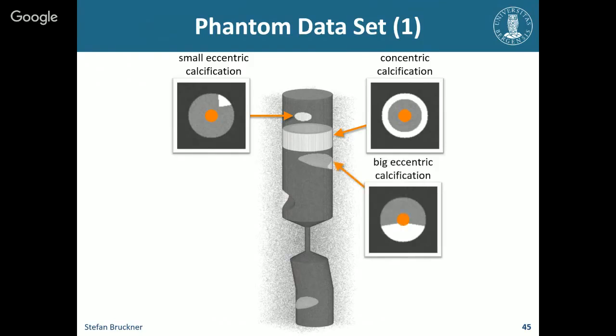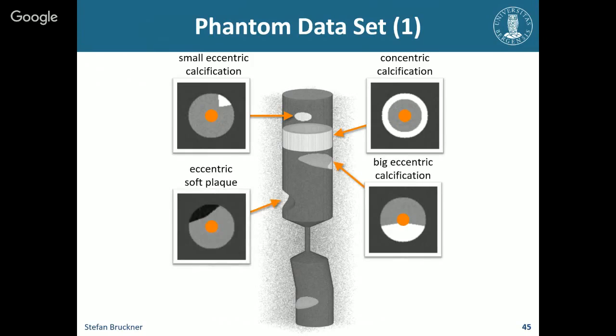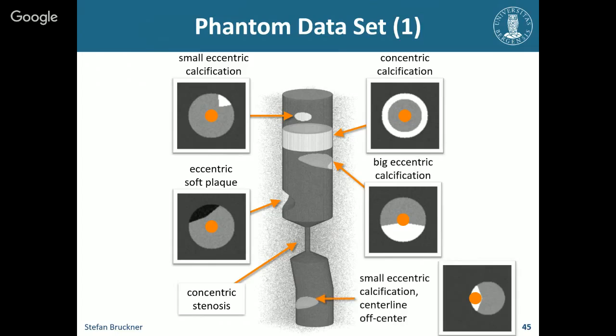A big eccentric calcification, and eccentric soft plaque, which are also deposits, but they have lower data values, so it's not calcified, but they still decrease the vessel lumen. Then this would be a concentric stenosis.